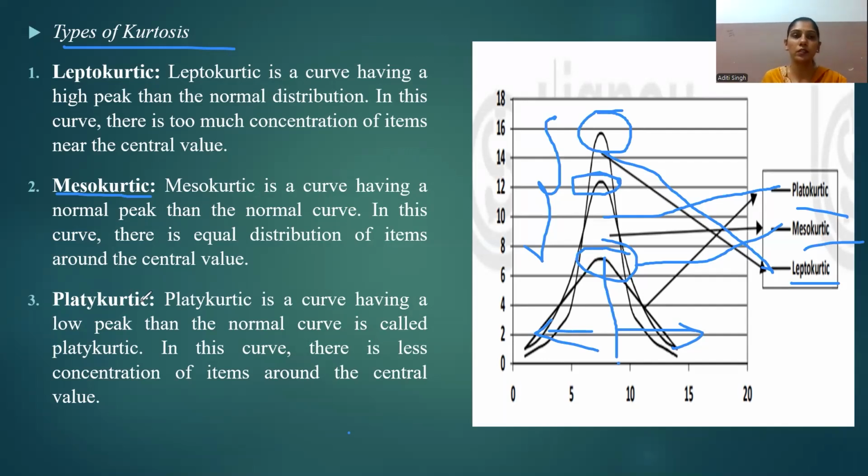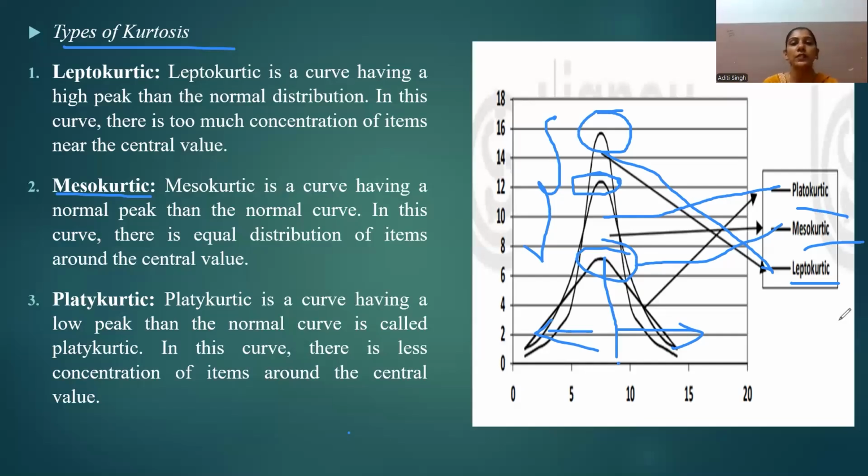We have already discussed skewness and kurtosis. If we have to differentiate the concepts of skewness and kurtosis, skewness indicates the shape and size of variation on either side of the central value, and kurtosis indicates the frequency of distribution at the central value.